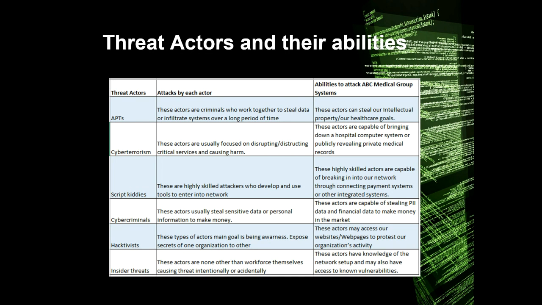Cyber criminals. These actors usually steal sensitive data with the idea of making money. Their goal is financial. The impact to our medical group is they can just pull all the PII data of our clients and sell it outside in the market to make money. Activists. These kinds of actors like to create awareness about our system outside and expose our information illegally.